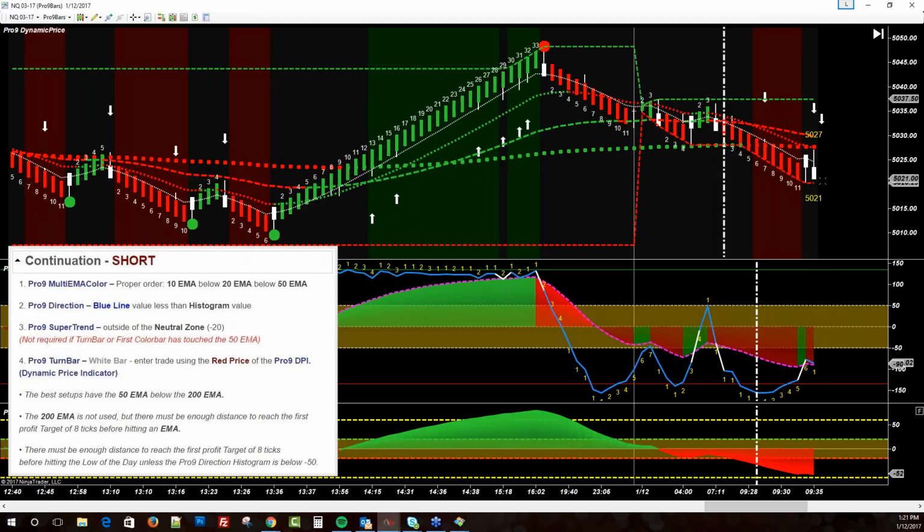So we do see that this did plot as a turn bar, and this is a very edge case situation. This would have been a case where I would have entered a trade, and after that bar plots, it would be an unqualified trade situation. We see here that our blue line did not quite make it, and this does happen very rarely.